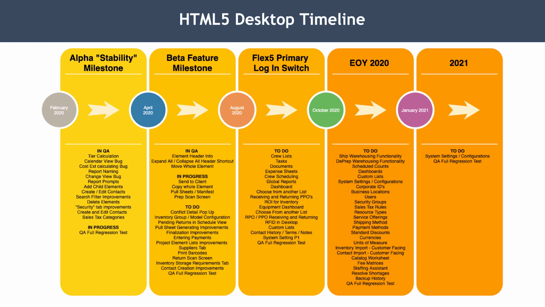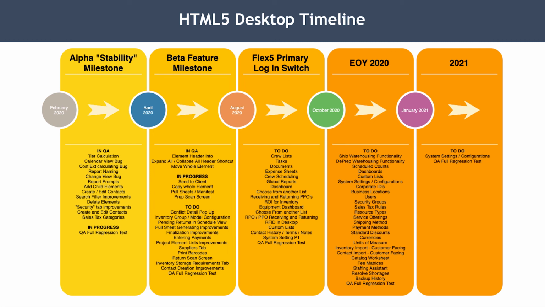There will still be some system configuration settings left over in Flex 4 Desktop. We have been talking to specific developers for Firefox. We have been assured that there will be ways for a system admin to still be able to access Flex 4 for some last minute configurations that are still going to be moving over in 2021.